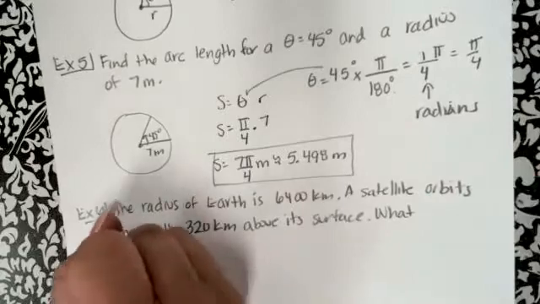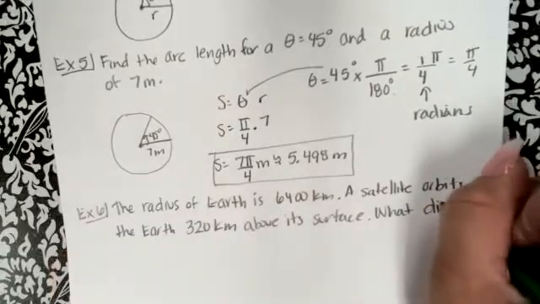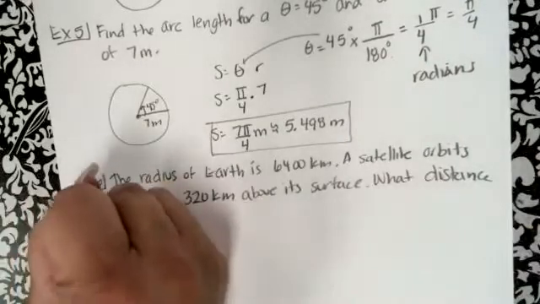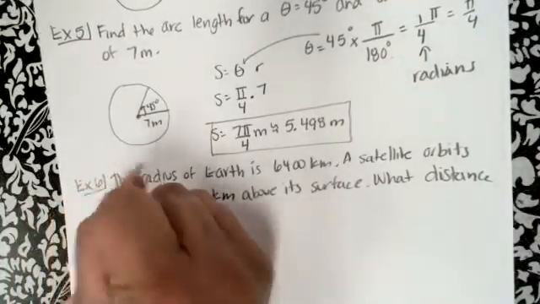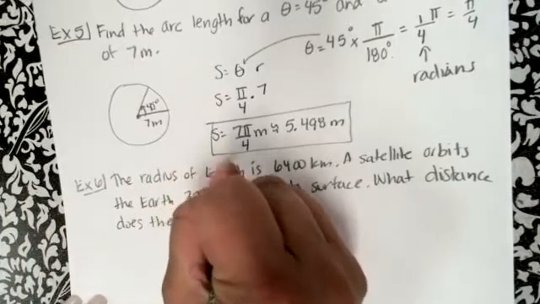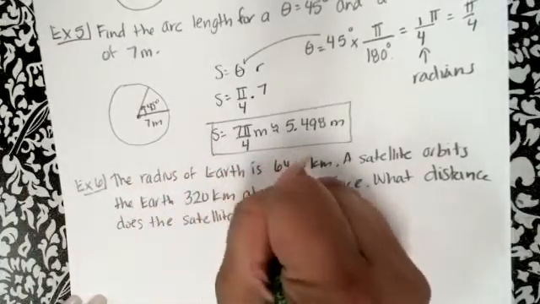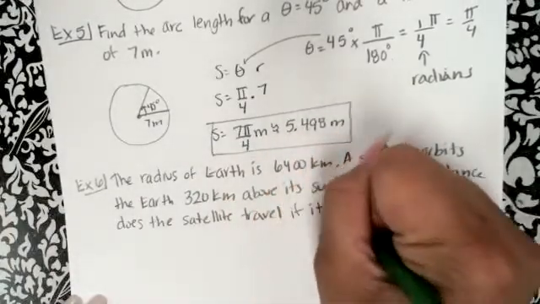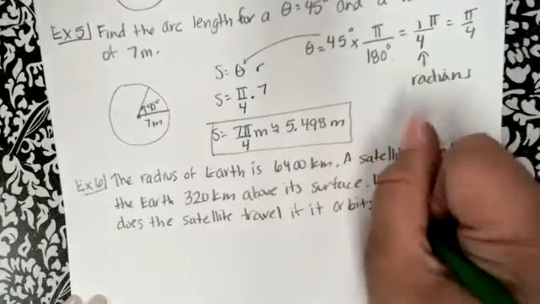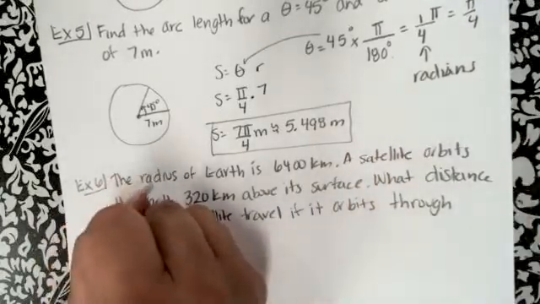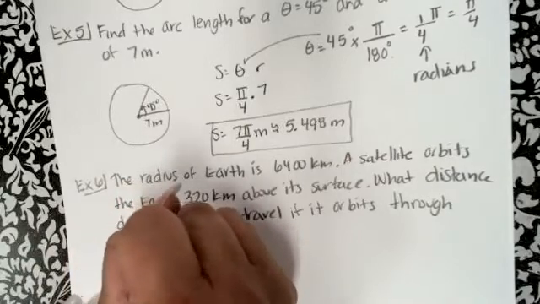What distance does the satellite travel if it orbits through a pi/6 angle?